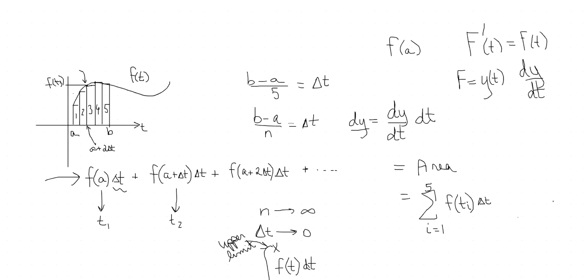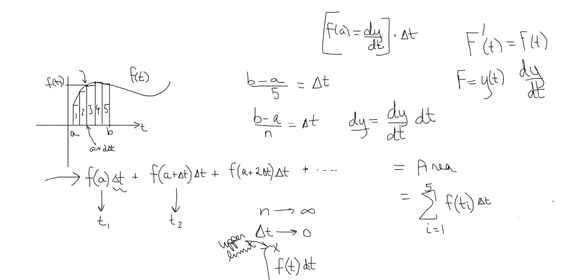So let's be clear on this. Little f of a would be considered the dy/dt value evaluated at a. This is f of a. And we're going to multiply this by the change in time, delta t. I'm just going to write this as one equivalence here. If we multiply that by the change in time, we should get the change in y.